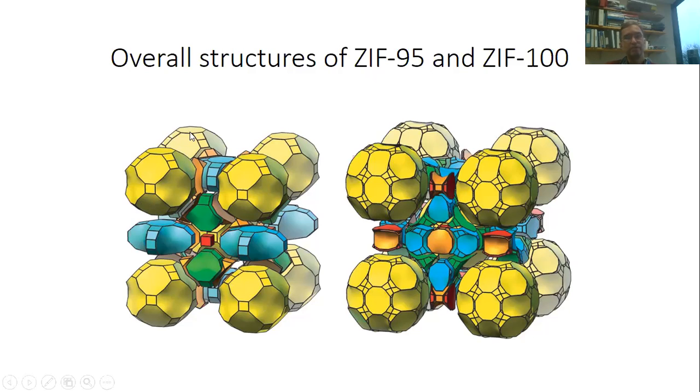You see here the 8 cages that we previously considered, and you see that they're interconnected by smaller cages. These are the blue ones here, and these are the green ones here. There are even very small cubic cages in the center. Similarly, on that side, you see the 8 largest cages that we previously considered.